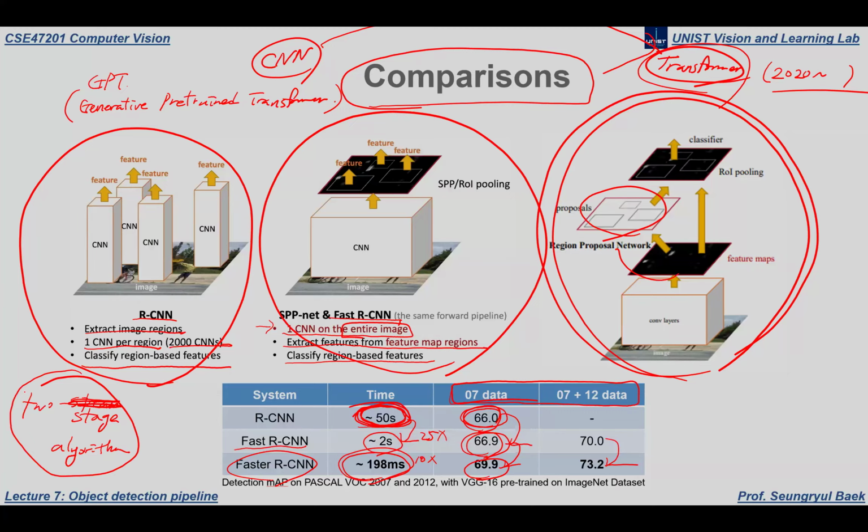They have to see the entire image once to make bounding boxes. And then because there are many bounding boxes, they have to classify those bounding boxes into classes, and that is also seeing the image one more time. So we have to see the images almost two times. In that sense, RCNN is called a two-stage algorithm.